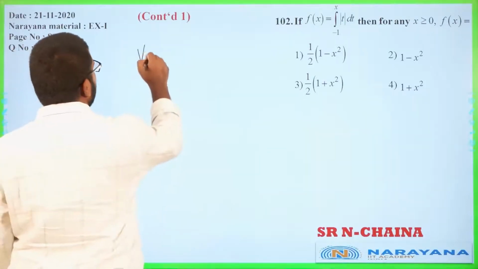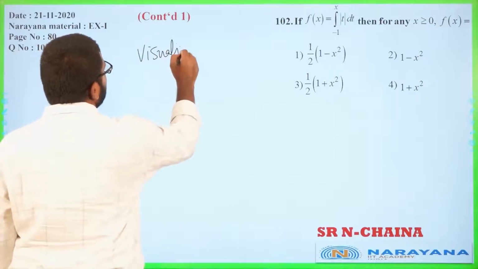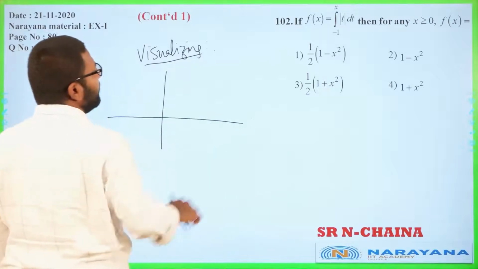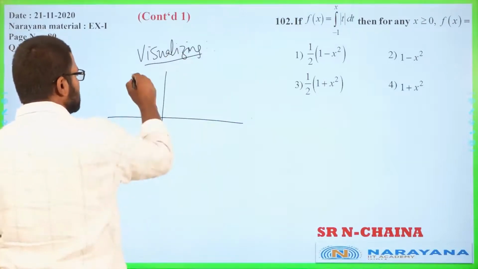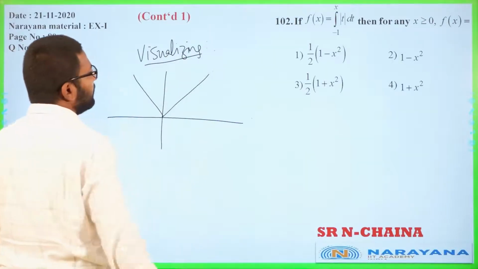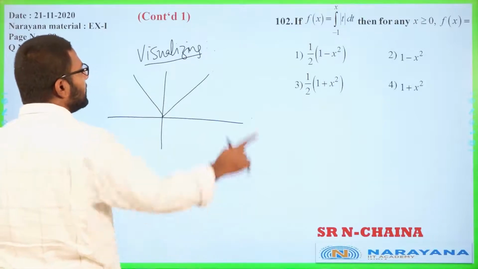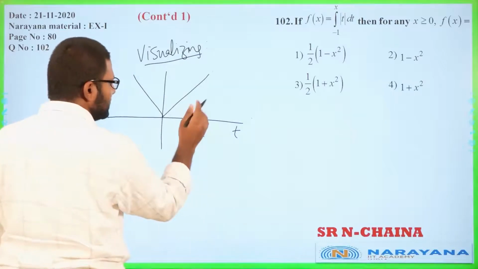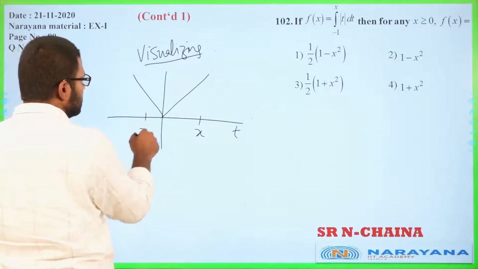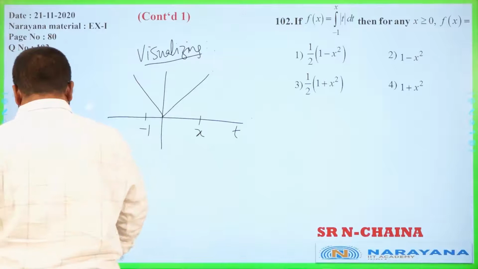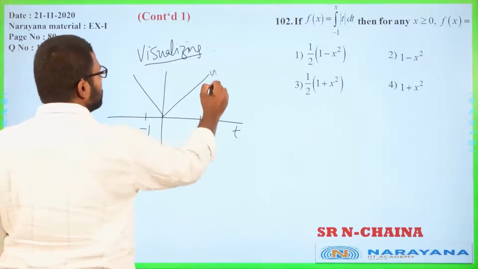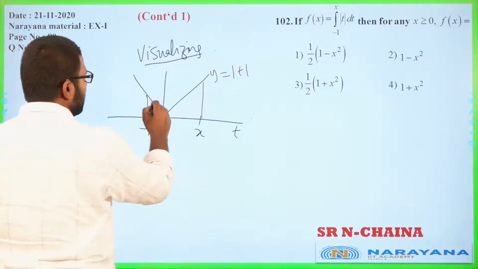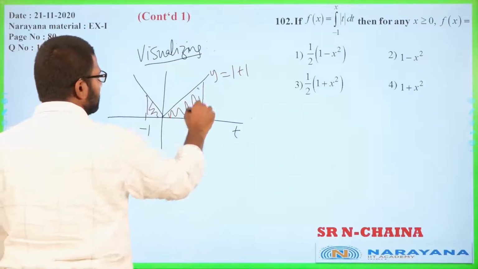Once again, since we are doing this visualizing, we are dealing with |t|, |x|, right? But the integral is from minus 1 to x. So this is the t axis where x is a value on the t axis. This is minus 1. So this is y equal to |t|. Then we need to find this area.